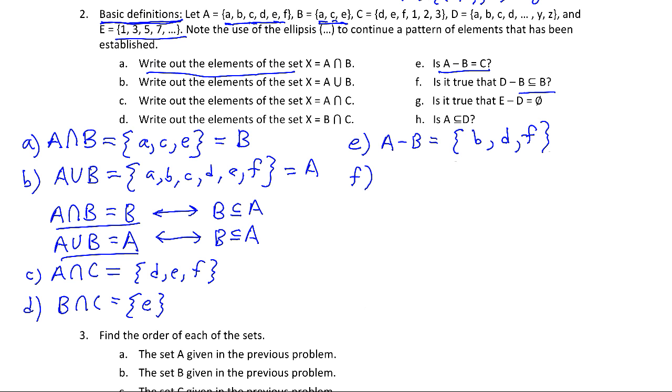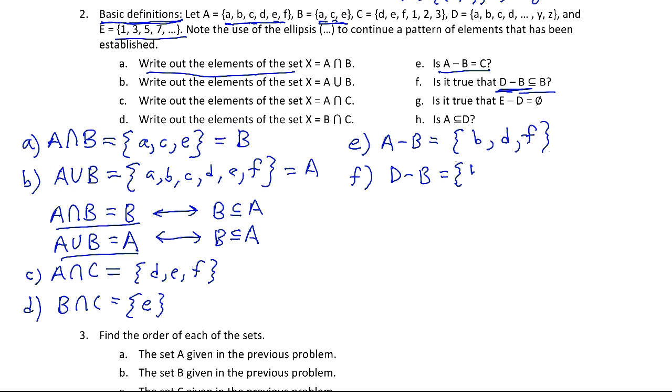For part F, it says, is it true that D minus B is a subset of B? D minus B. Let's just do it. Let's figure out what it is. Probably isn't, because I've taken out from D all the elements that were in B. So how could what's left over be a subset of B? I think it could if everybody's the empty set. Some special cases with the empty set. But in this case, D minus B, D is all of the letters, A through Z. B has the A, C, E in it. And so D minus B doesn't have the A, C, or E in it.